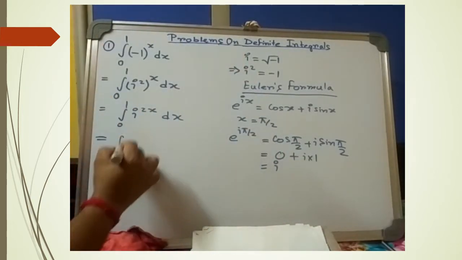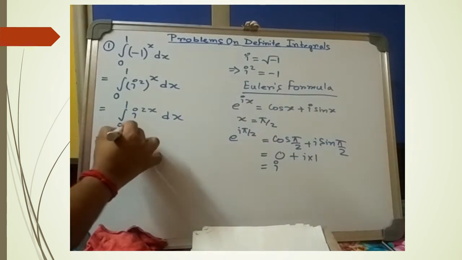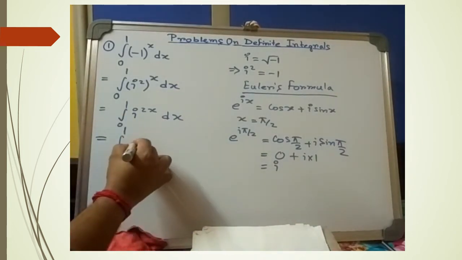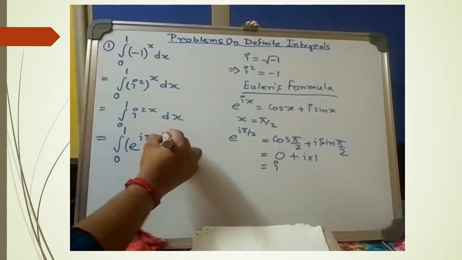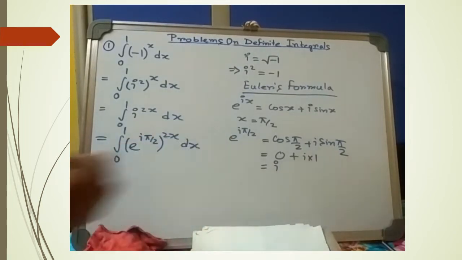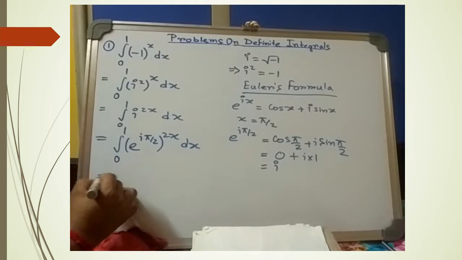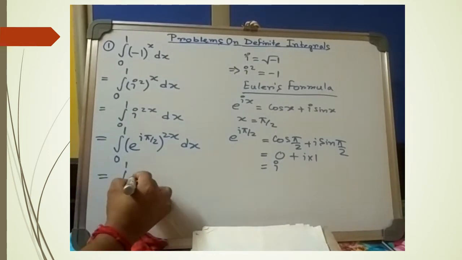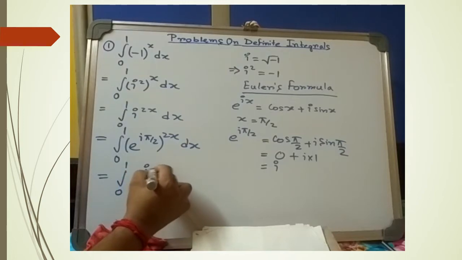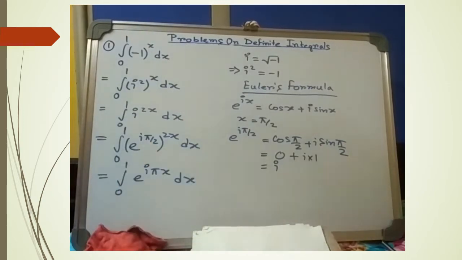So this equals the integration 0 to 1 of (e to the power i pi by 2) whole to the power 2x dx, which equals the integration 0 to 1 of e to the power i pi x dx.